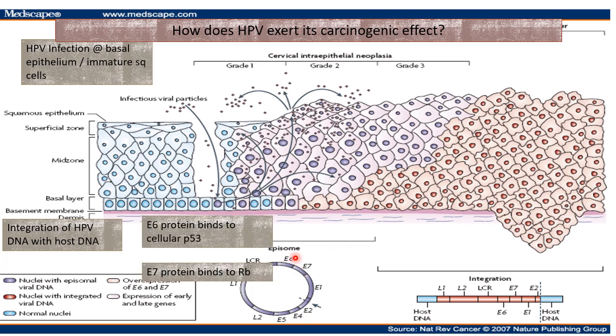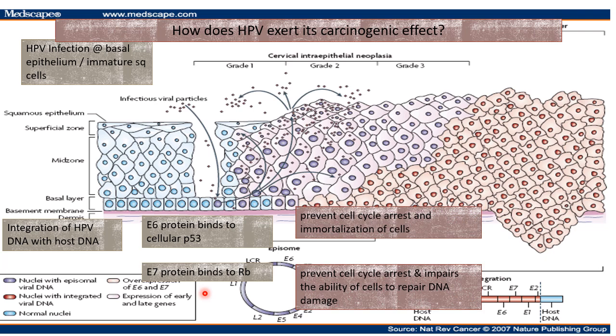After integration of HPV DNA with host DNA, these E6 and E7 viral proteins can bind to the host cellular P53 and RB. These are tumor suppressor genes, and the binding of E6 and E7 proteins to these tumor suppressors will inactivate them, and they result in two things.